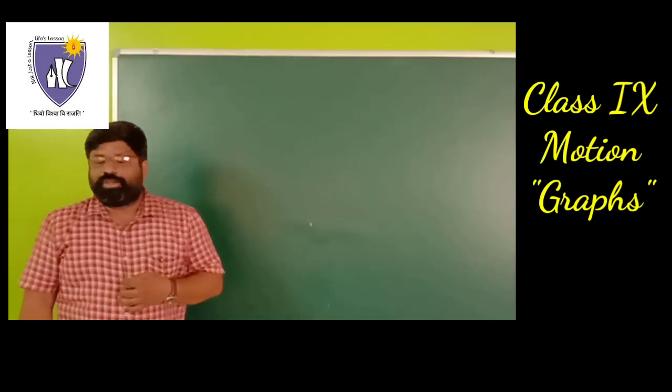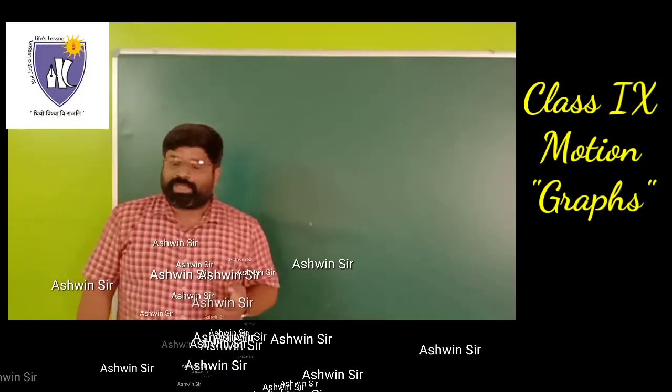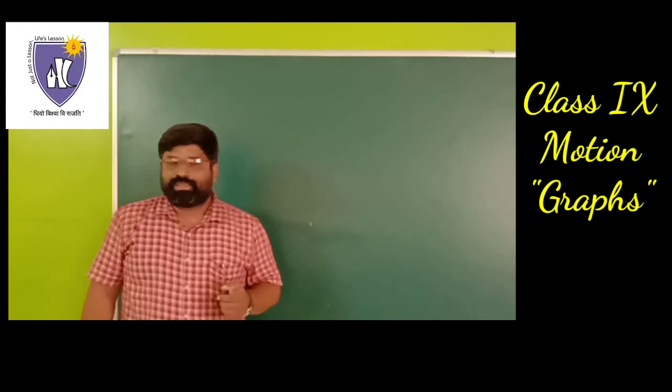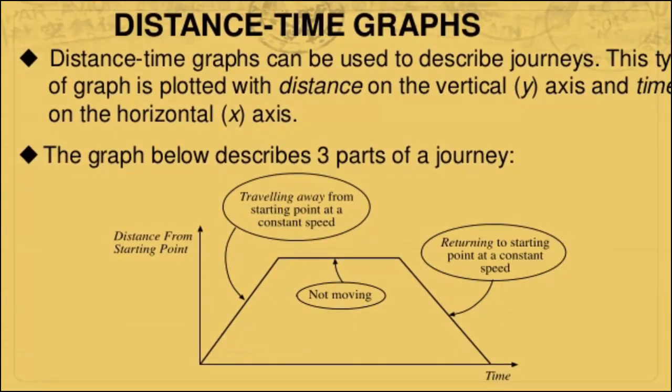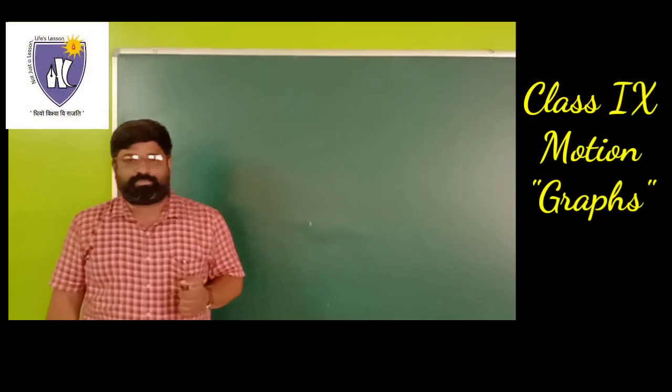In my previous video, we had discussed the graphs, if you remember. There are two types of graphs which we had studied. First, the position time graph, distance time graph, or displacement time graph.